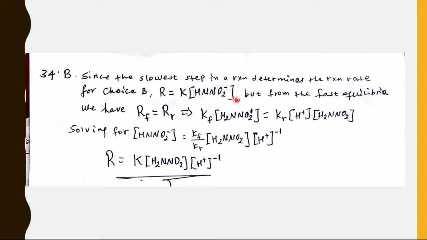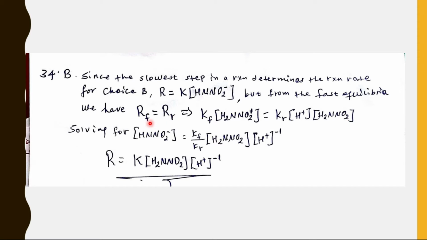But from the fast equilibrium, the rate of forward and the rate of reverse reactions are always equal if the reaction is reversible. So we have this equation; look, this is the rate of forward and the rate of reverse reaction.